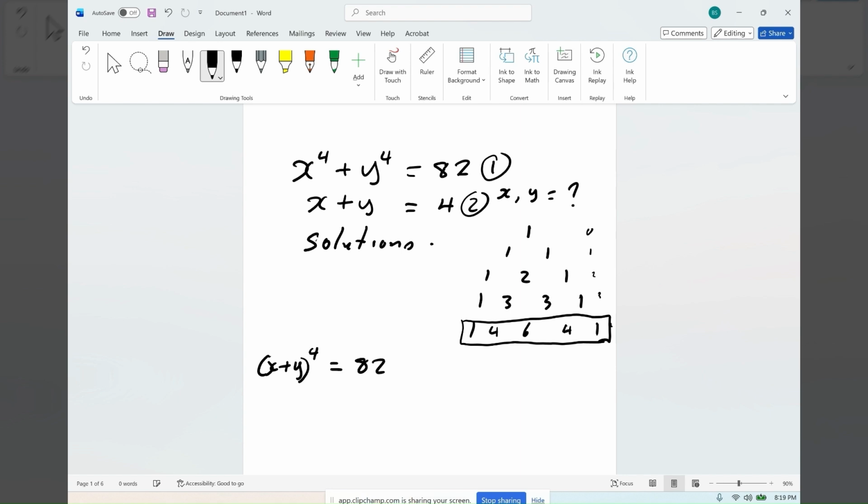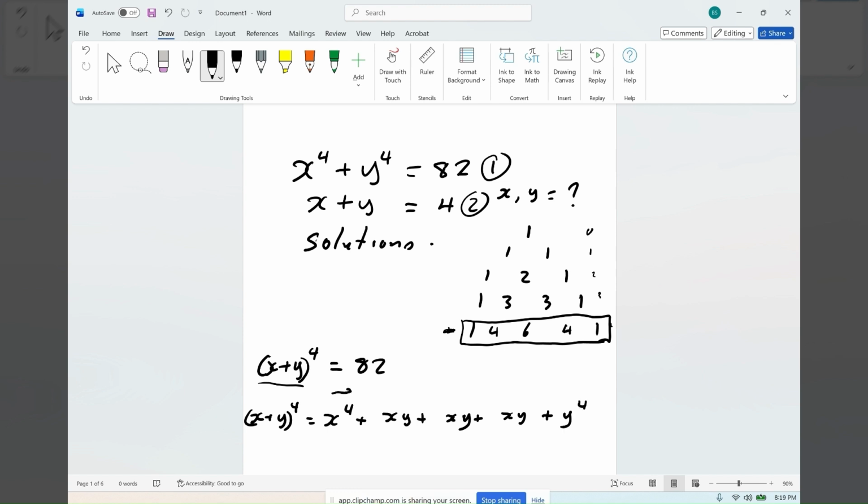We can expand this binomial using these coefficients, and we'll start with x plus y to the 4 is equal to x to the 4 plus x y plus x y plus x y plus y to the 4.